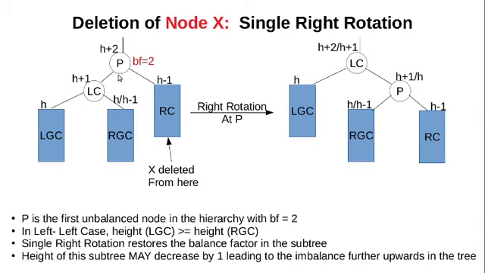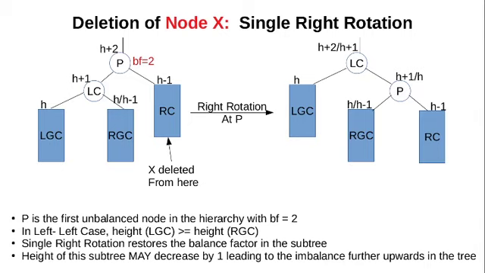Left child of P is named LC and right subtree of P is named RC. Left and right subtree of LC are named LGC and RGC. LGC is acronym for left grandchild and RGC is acronym for right grandchild.